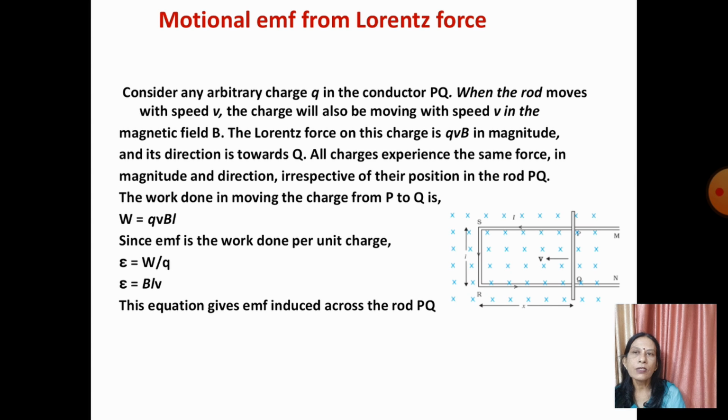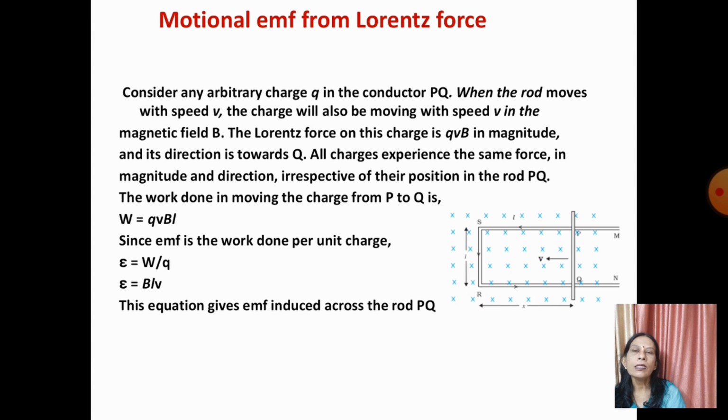So the Lorentz force on the charge is given by QvB, where B is the magnetic field, Q the total charge in the conductor PQ, and it is moving with velocity v. Here the velocity and the magnetic field are perpendicular to each other, so Q v cross B can be written as QvB.